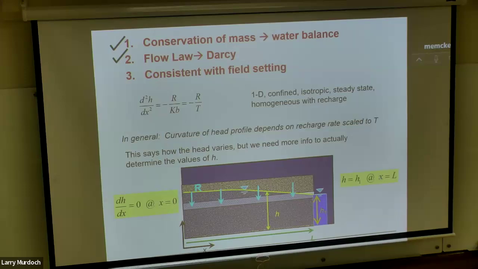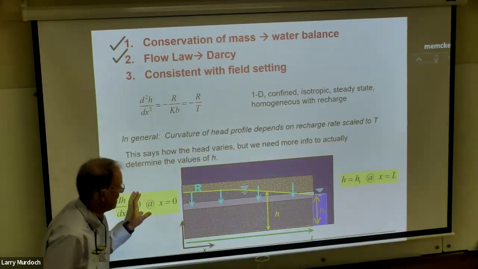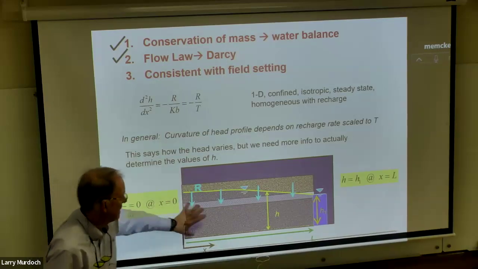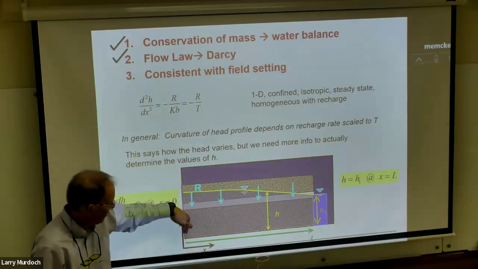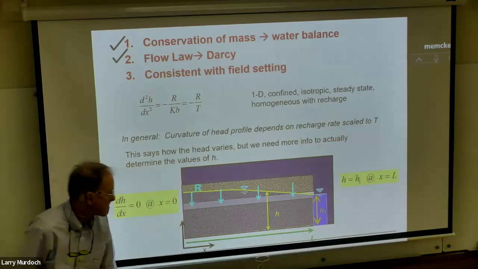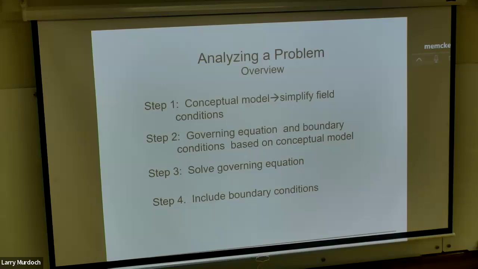So these two additional equations allow us to tailor the problem to this particular scenario, where we've got a groundwater divide here and a stream here. So that's going to make it consistent with the conceptual model of our field setting. Those are the boundary conditions. So that's the setup of the problem.